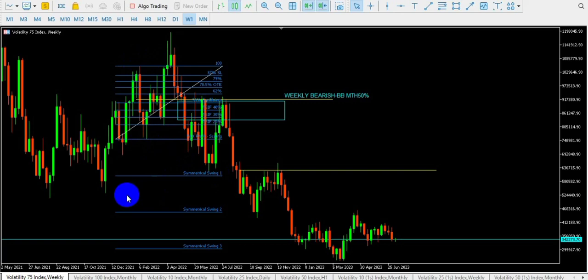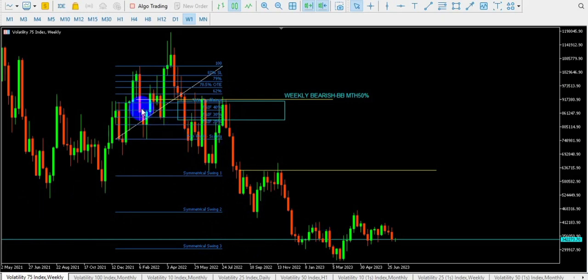It targeted this and came to 2. We have our projection here, a symmetrical swing. From this area, you know that price will get to this place, taking out the low and the high above, and even beyond.